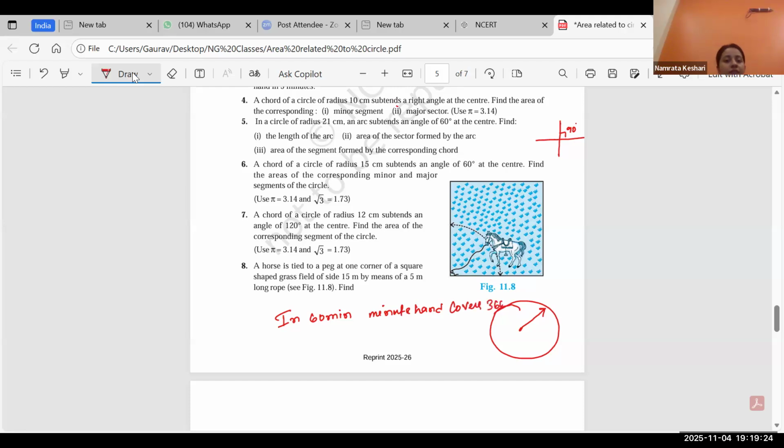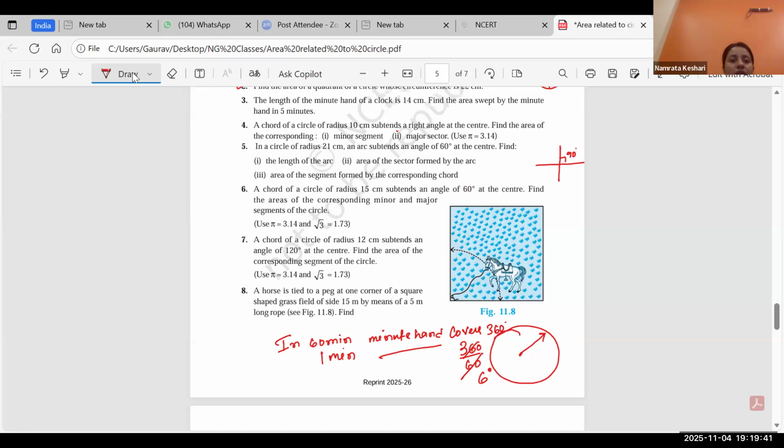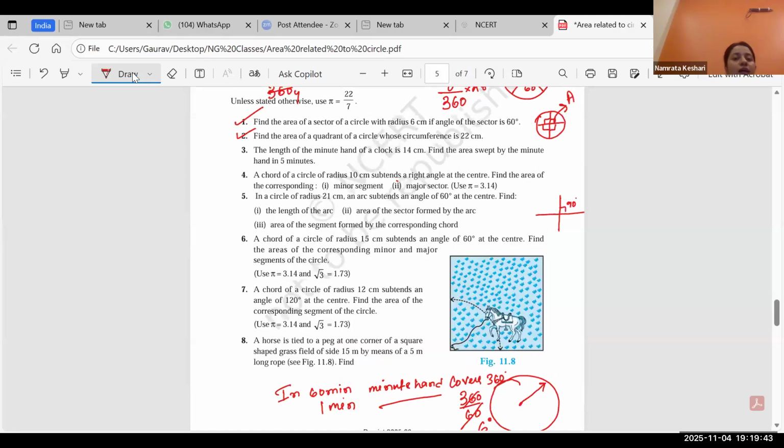In 1 minute the minute hand will cover 360 by 60, that means 6 degrees. Making sense? Here you have to check what the length of the minute hand is. Find the area swept by the minute hand in 5 minutes.